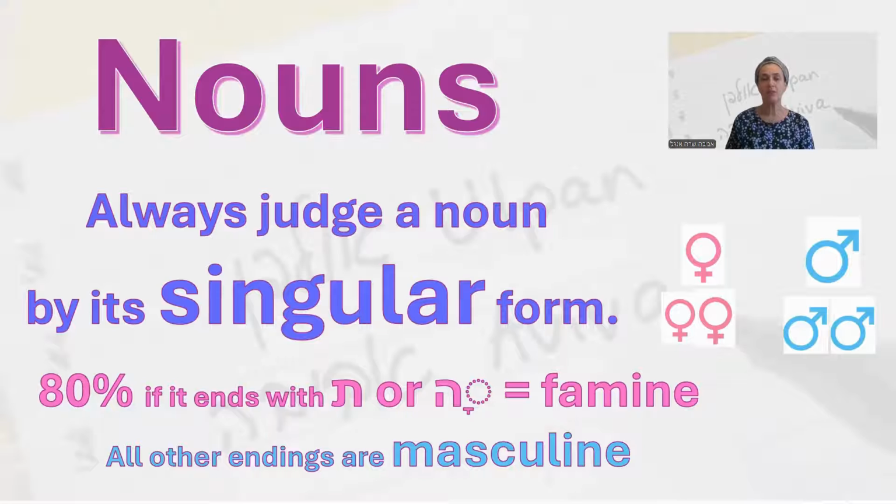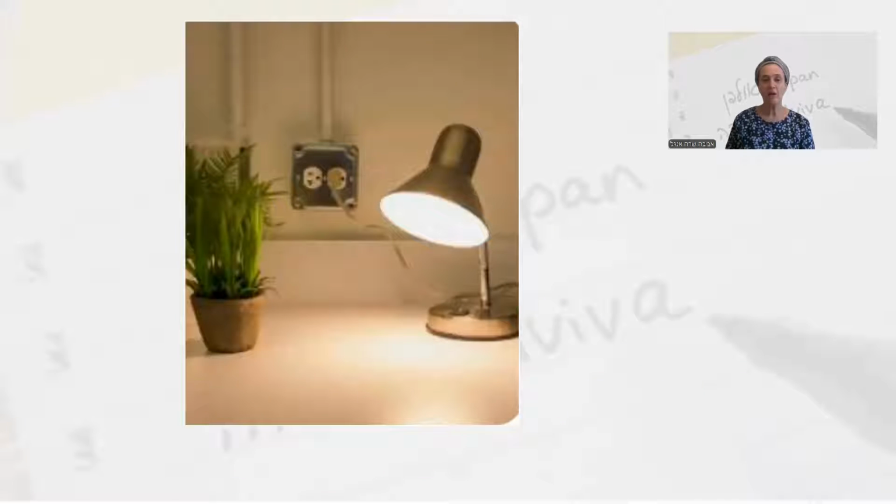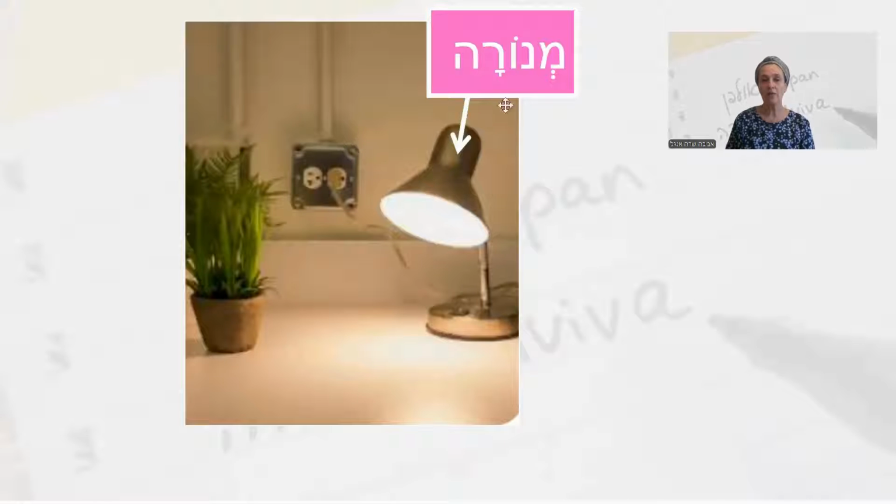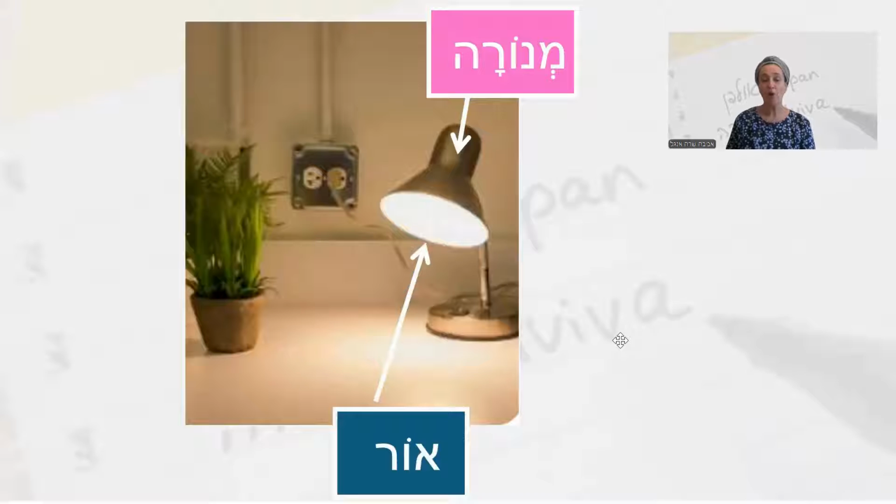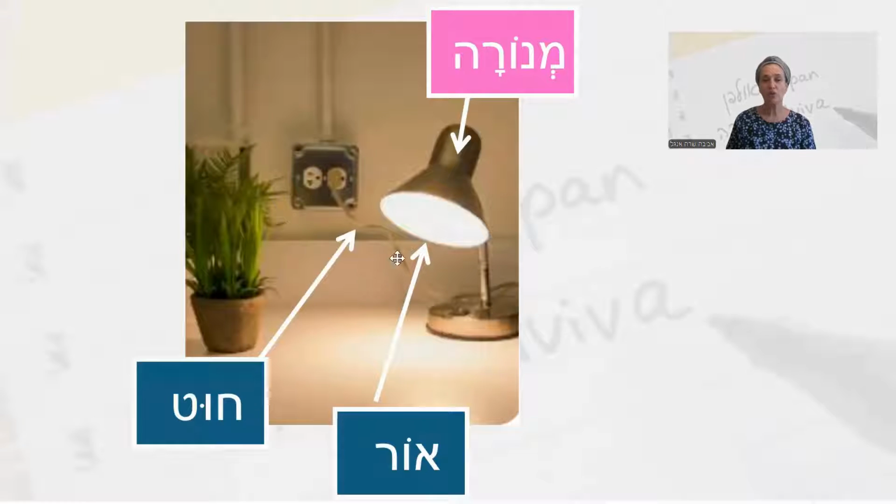So let's look at a couple of examples. We have here a menorah. Menorah ends with kamatz hey, and therefore it's feminine. We also have or, the light that the menorah produces. Well, or doesn't have a feminine ending, therefore it is masculine. We also have the chut, the cable connecting the menorah to the wall.